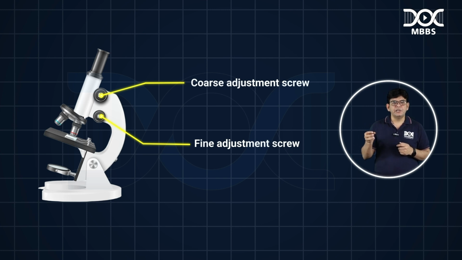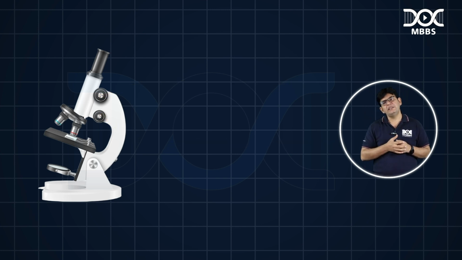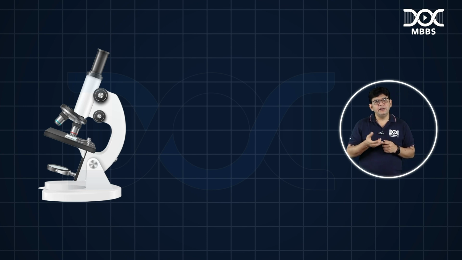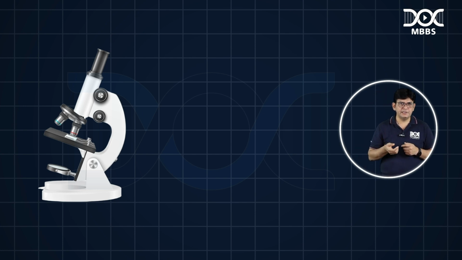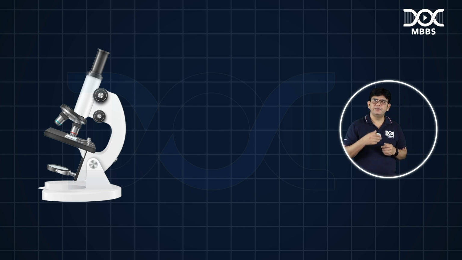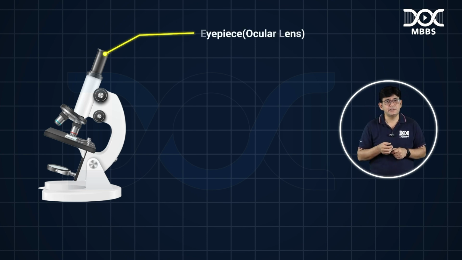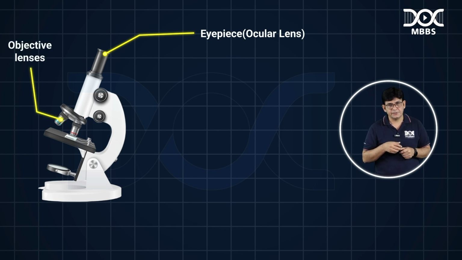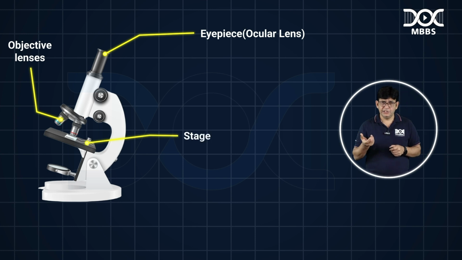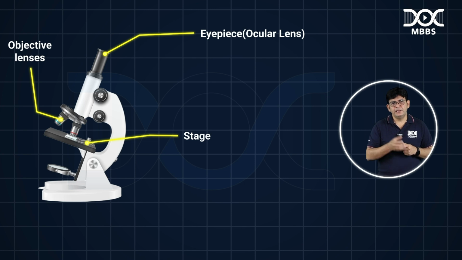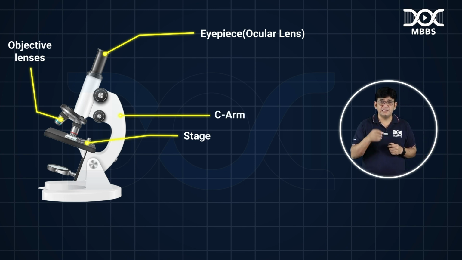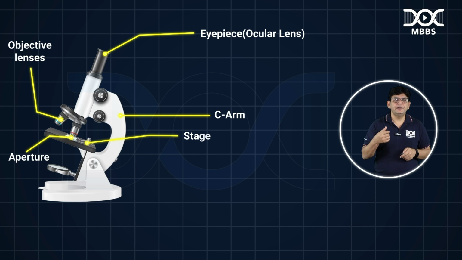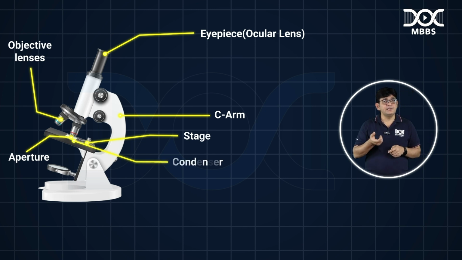So in total, what is there in the light microscope? For the magnifying part, you have the ocular lenses and objective lenses of different powers. You have the stage over which you hold the slide. Then you have the C-shaped arm, the mechanical stage having an aperture, and the condenser with its cone of light, C for C, I told you.